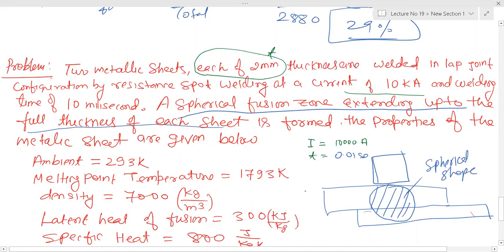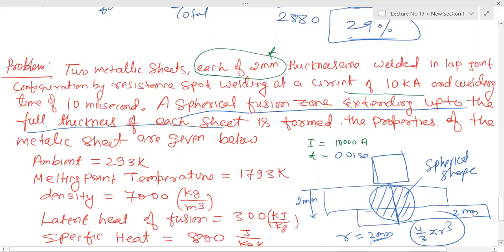And you know this thickness is 2 mm. And what will be the radius? So radius will be 2 mm because this is the diameter, right? This is also 2 mm. So you know the volume. Volume you can calculate: 4/3 pi r cube. This will be your volume.